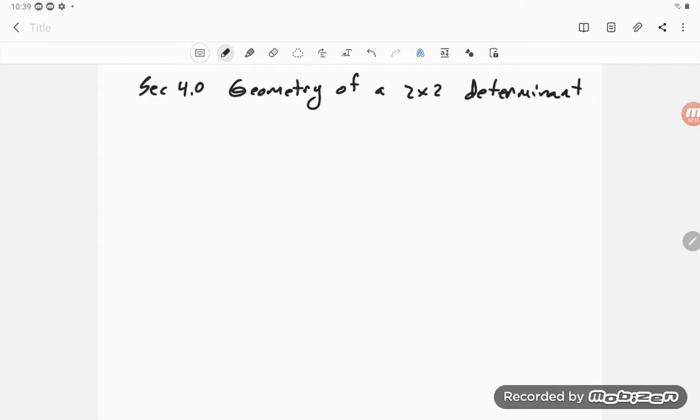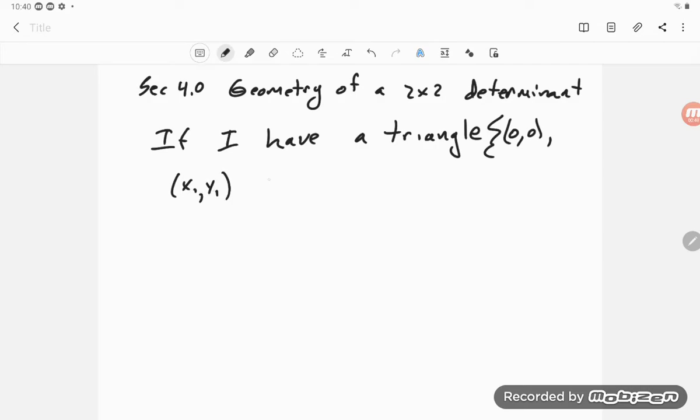If I have a triangle made up of the set 0, 0 for one coordinate, x1, y1 for another corner, and x2, y2 for a third corner, then it turns out that the area of my triangle, they're calling this triangle OPQ, so this is triangle O for origin, PQ.